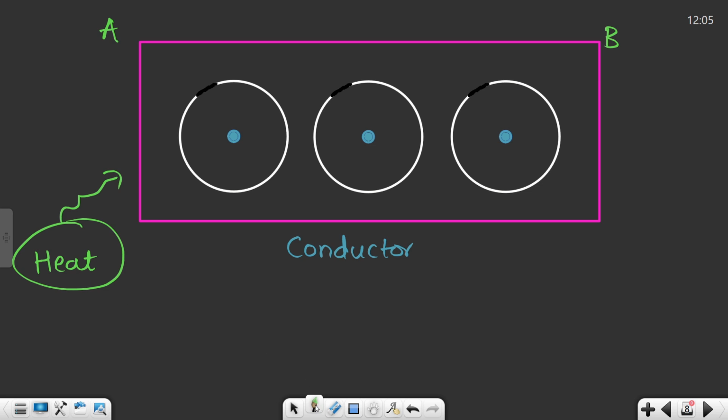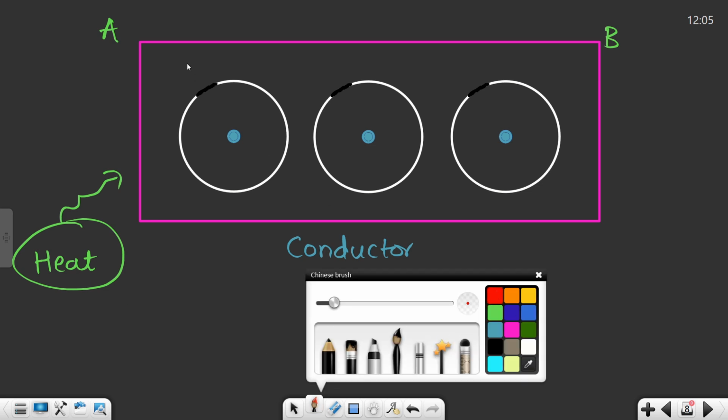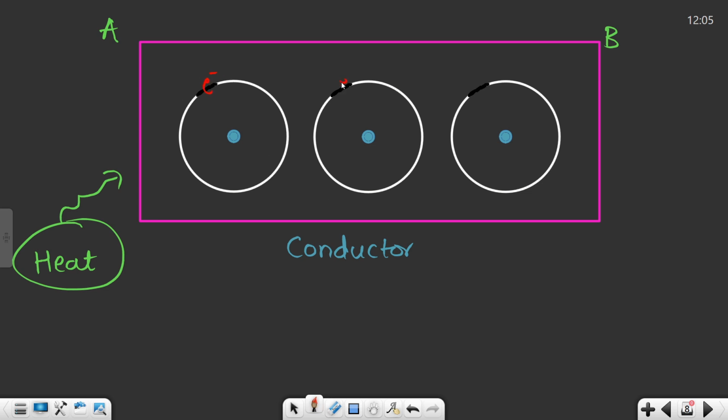As I provided certain heat, what we learned is that the electrons which were present over here, the moment they get certain energy, since we provided heat, so we are supplying certain energy at point A, this electron which was present over here will come out.